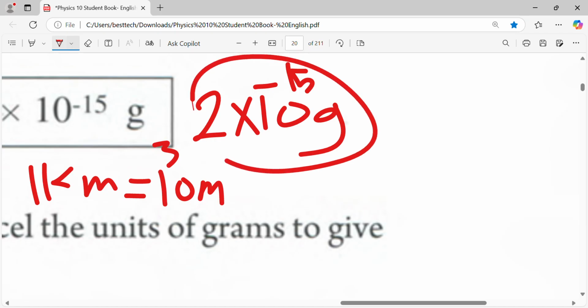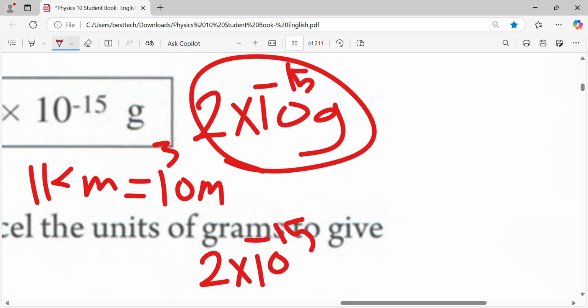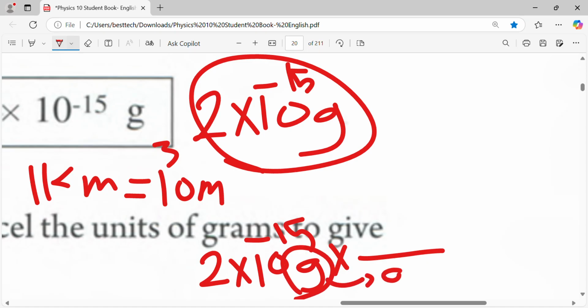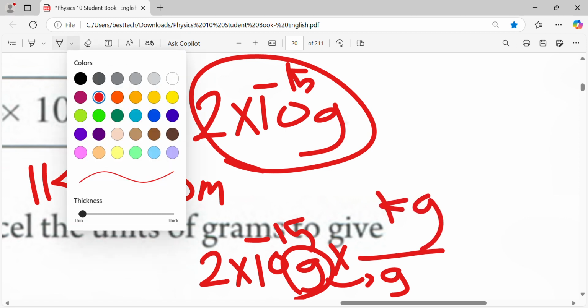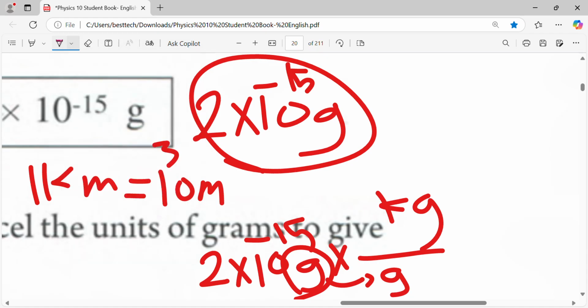Guys, we can get the benefit from this part. Multiply, let me write here, 2 times 10 power negative 15 grams, multiply, as I said all the time, make a line. Because you have gram, copy gram in the down, and in the up we want to convert to kilogram, so write the kilogram in the up. According to the rule, 1 kilogram.